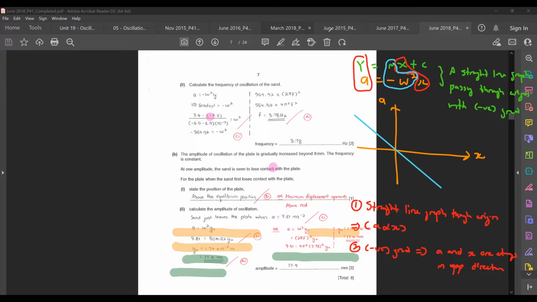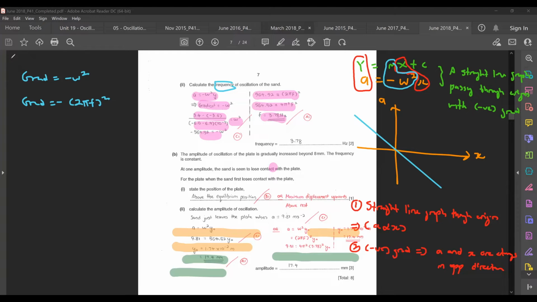So here, gradient is negative omega square. Then from here, they want the frequency, right? So gradient is actually negative 2 pi f square. So you find your frequency and your gradient from the graph, and then after that you equate it to 2 pi f. That is what is being shown here, like this.